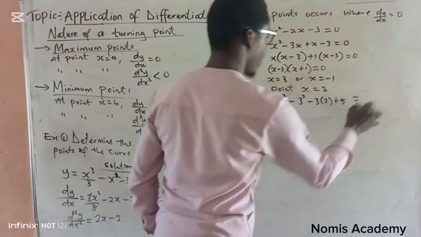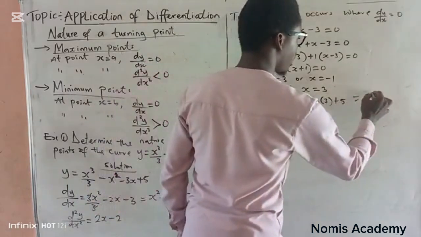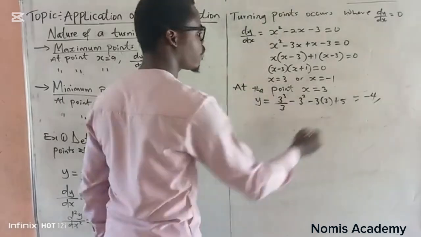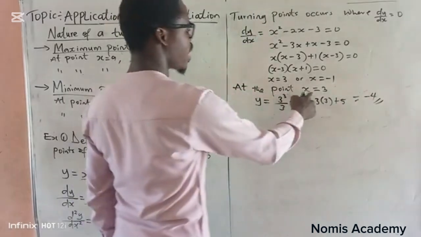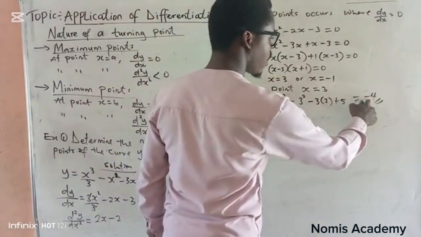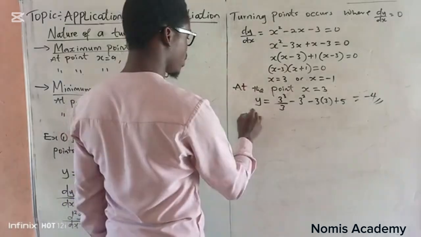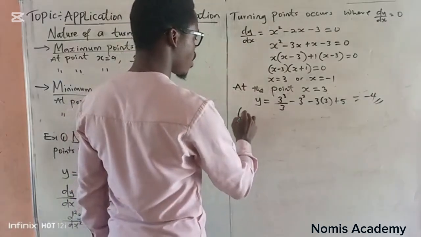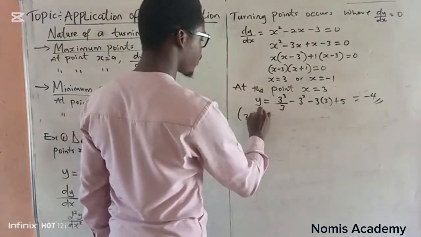When you simplify that, you get minus 4 as the value of y. So when x is 3, y is minus 4. So we have the point 3 comma minus 4.